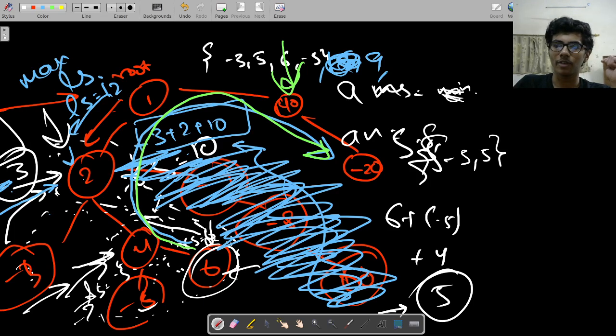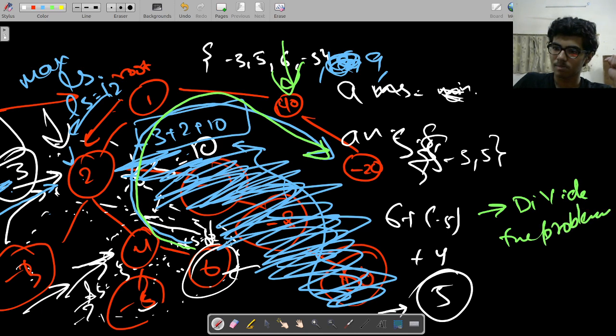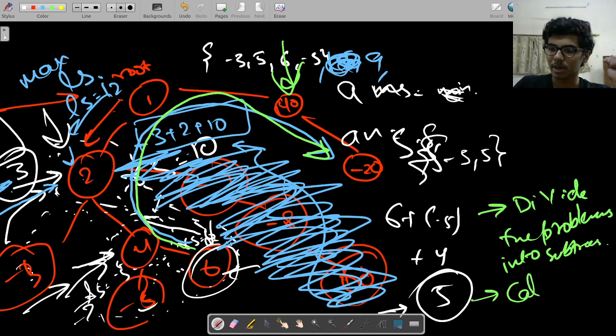Okay, so what we are doing: divide the problem into subtrees. Calculate the answer for all subtrees.